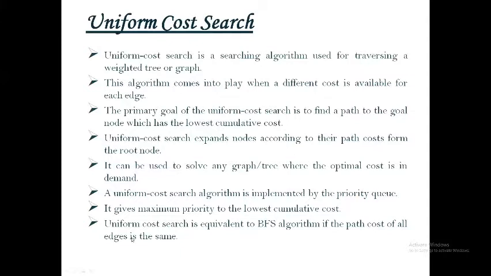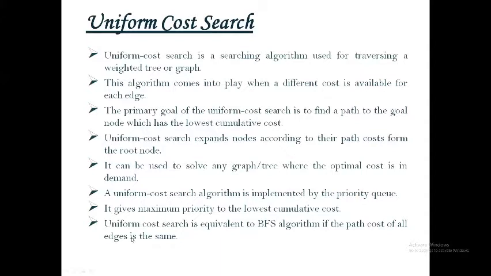Then the uniform cost search algorithm is implemented by a priority queue. We have learned the priority queue in data structures. In a priority queue, we give priority to particular nodes, meaning we allow those nodes to perform their functions first. It gives maximum priority to the lowest cumulative cost.